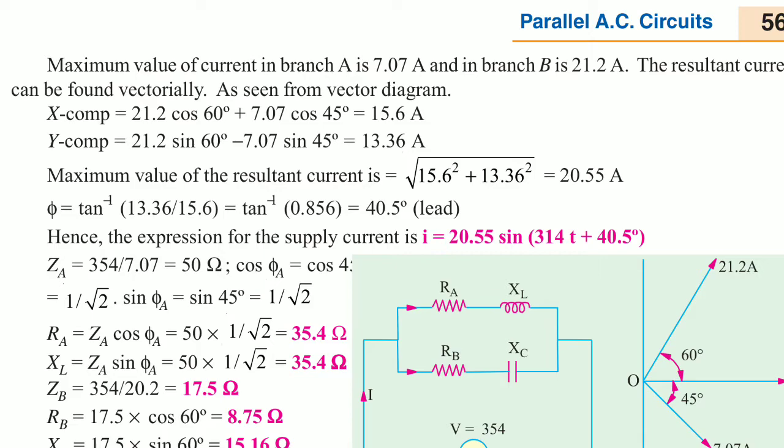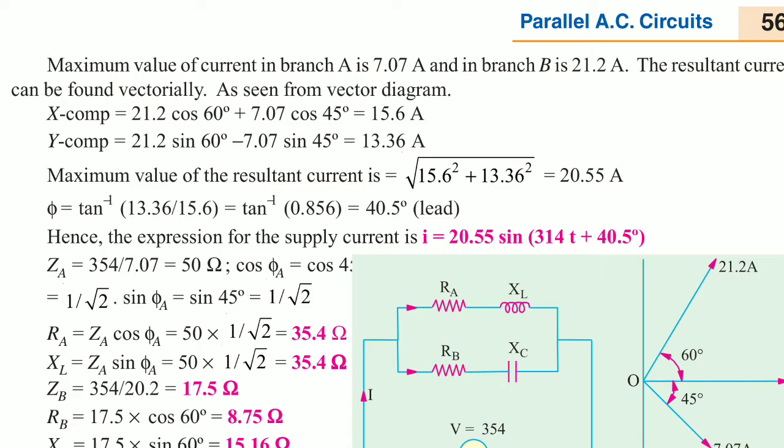So here the x component is 21.2 cos 60 degrees plus 7.07 cos 45 degrees. This x component value of current is 15.6 amps.